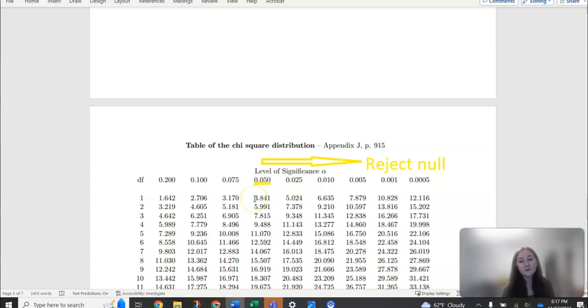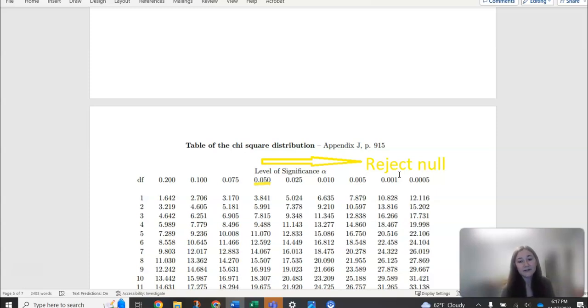So if your chi-square value is 3.841 or higher, you reject your null hypothesis. And again, what does that null hypothesis mean? The null hypothesis is one of no relationship. So if the null hypothesis is true, there's no preference between those environments.